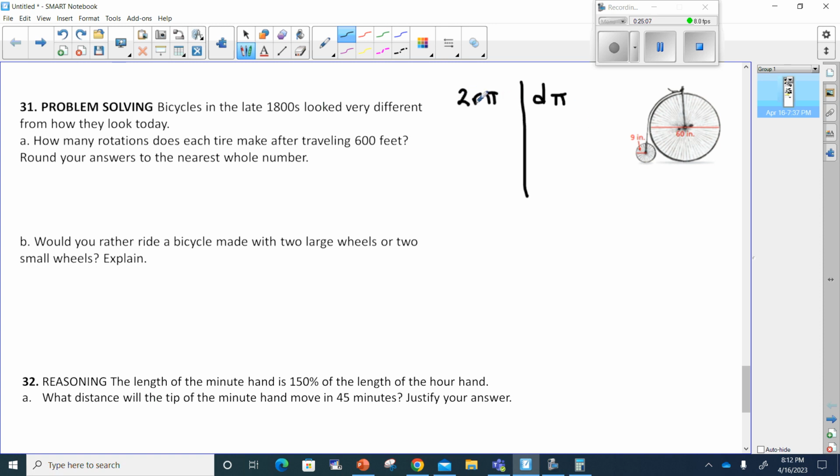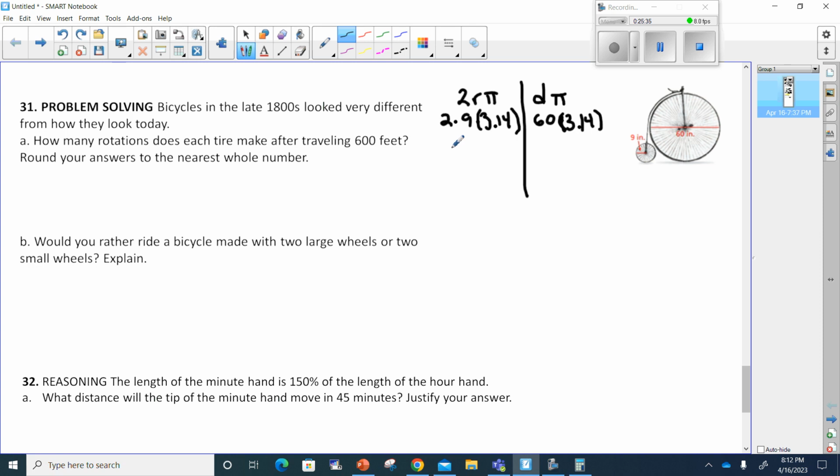So the radius of the smaller circle is 9, so we're going to put 2 times 9 times 3.14. The diameter is 60, so we're just going to put 60 times 3.14. I'm just going to put a parenthesis around here to make it easier. All these little decimals might confuse people.